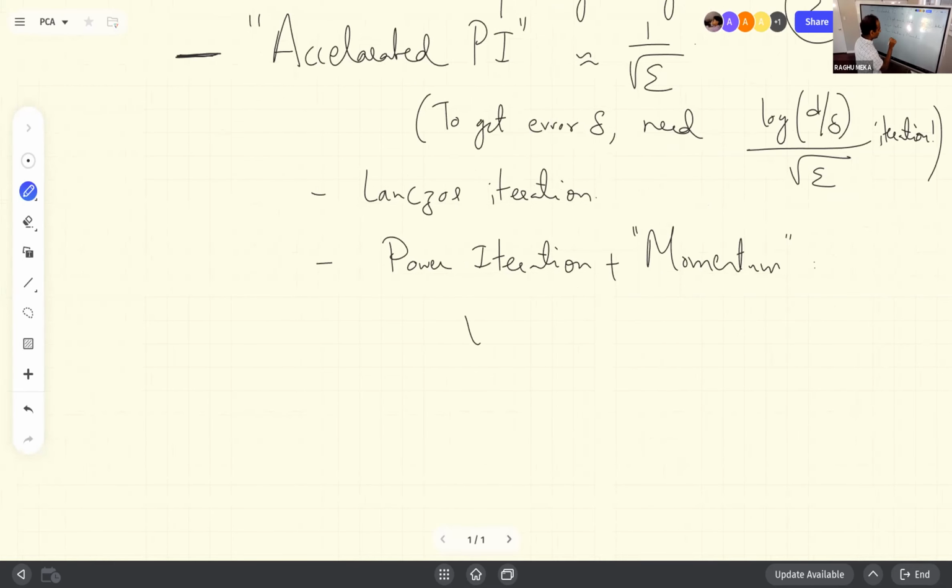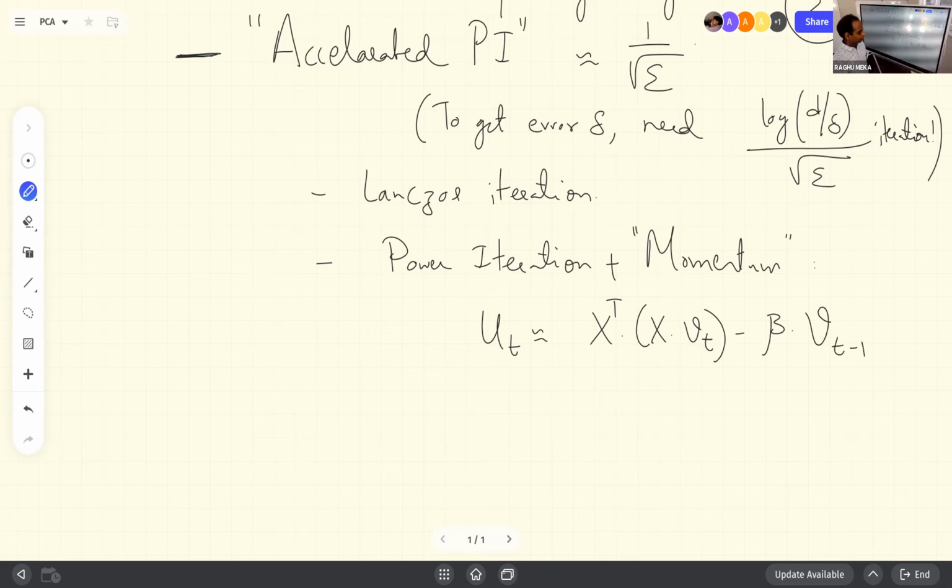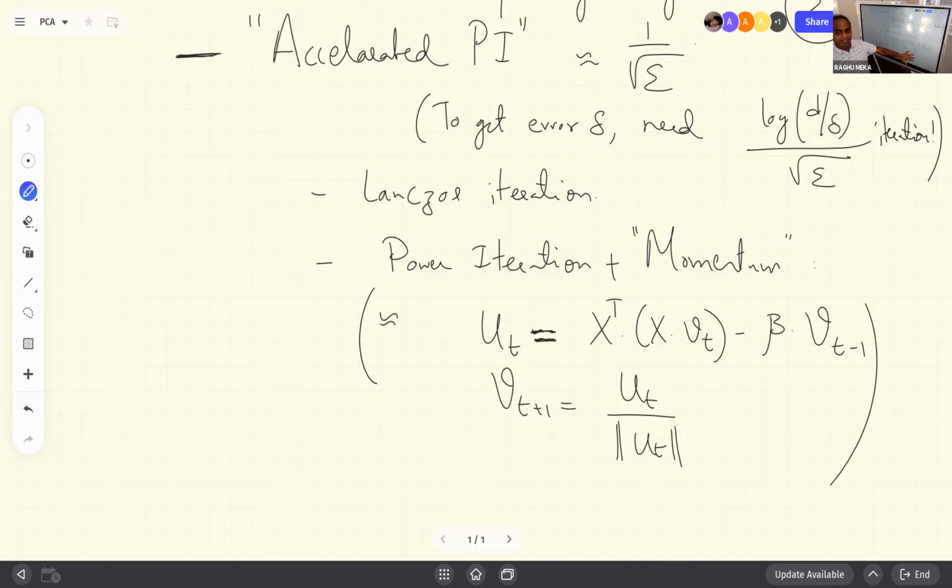So you can change it to say something like Vt is... So these are not the actual updates, but something almost exactly like this.